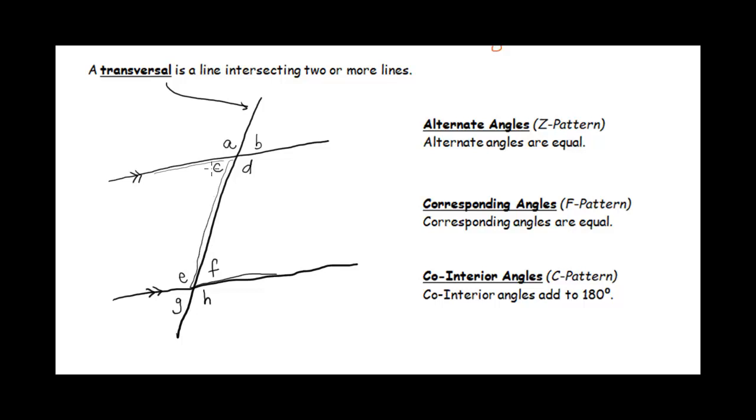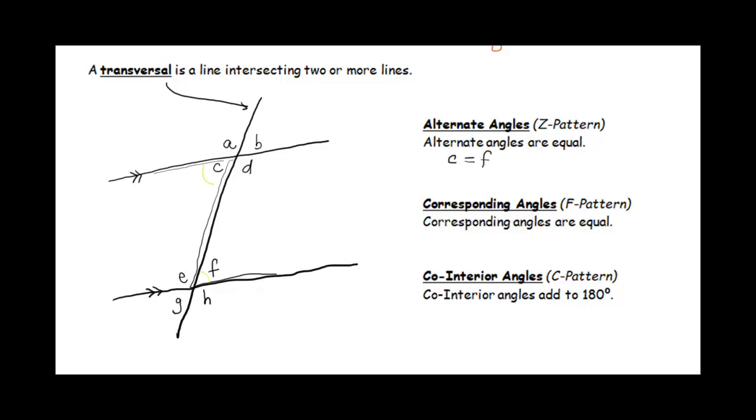Inside our Z, in the little nooks, this angle and this angle, according to our alternate angle theorems, are equal to each other. So, looking at our Z pattern, I can see that angle C is equal to angle F.